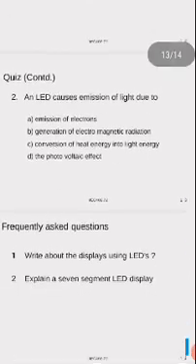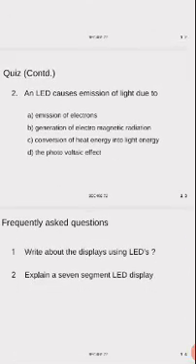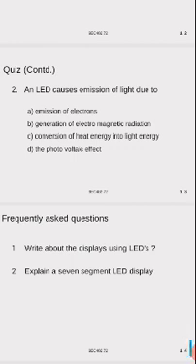Next, frequently asked questions. Write about the displays using LEDs.